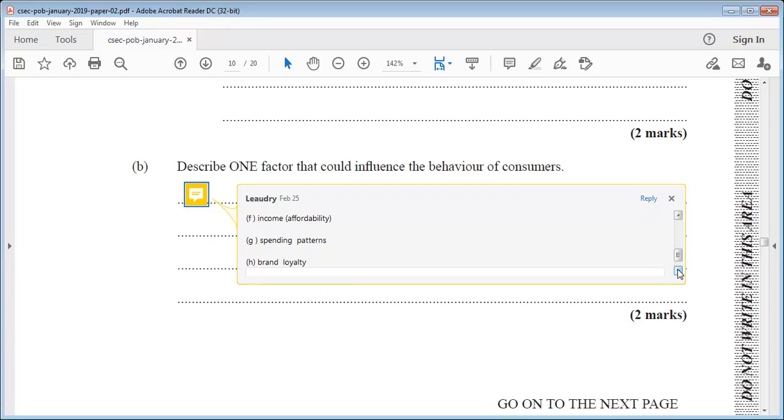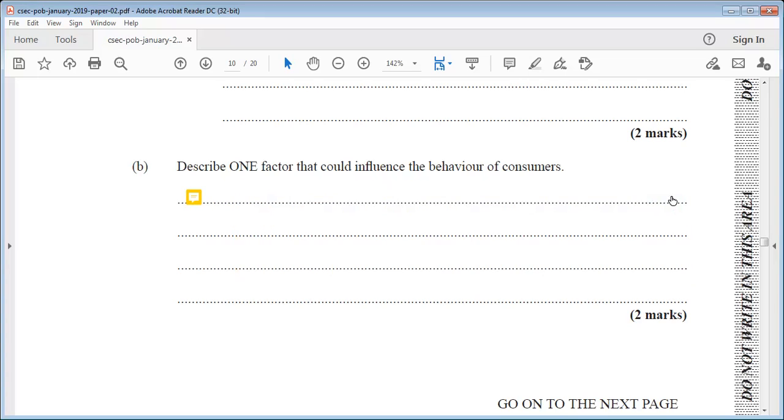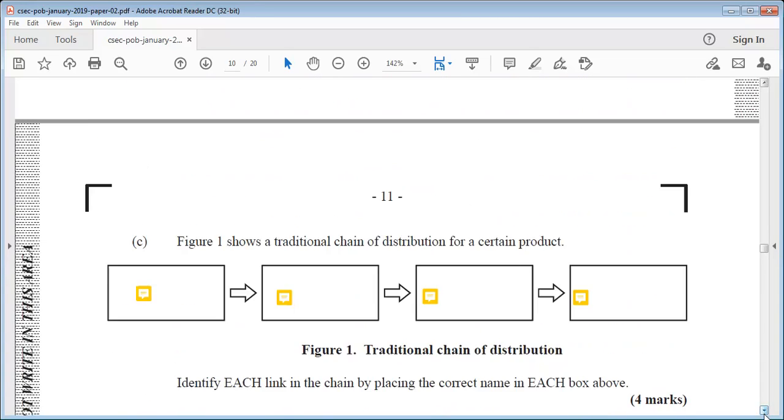Seven, spending patterns. Eight, brand loyalty. So we have 8 factors listed. All you need to do is select one and give a little description on it, and you will be awarded your 2 marks.